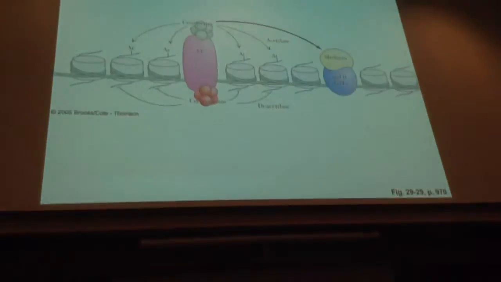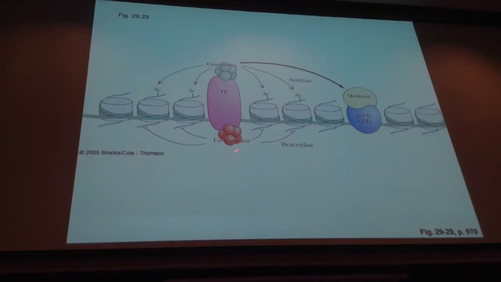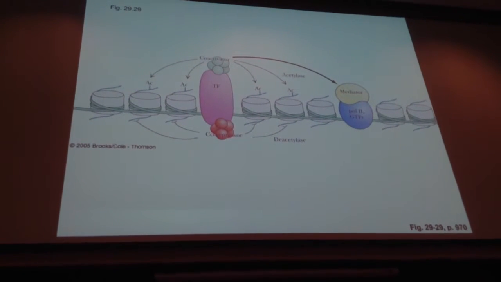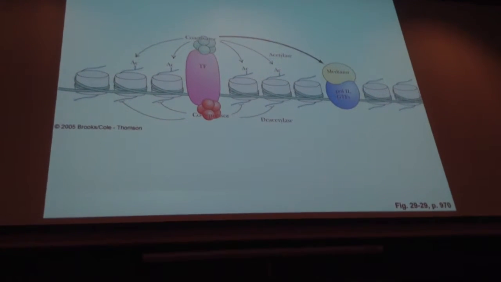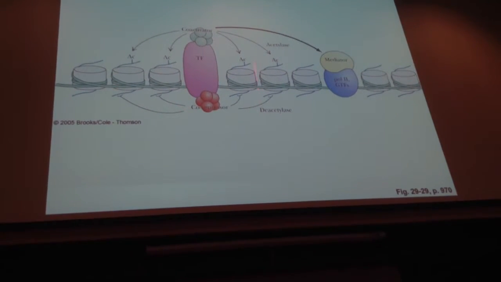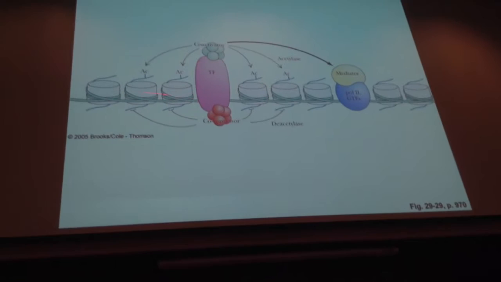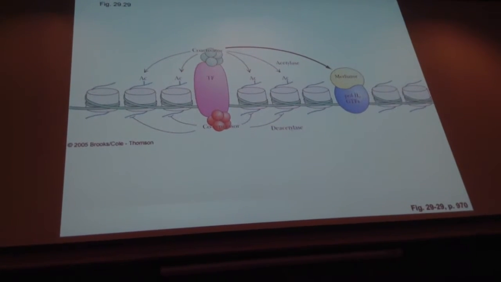Now these proteins, these HATs and HDACs, are contained within structures that we call chromatin remodeling complexes, CRCs, because this complex is able to remodel the structure of chromatin.